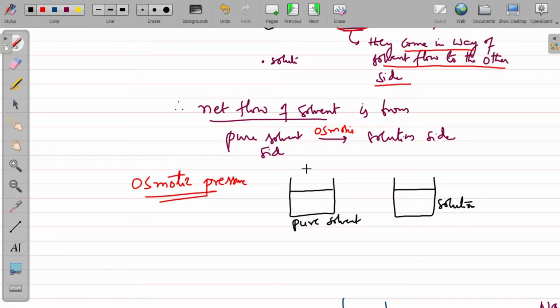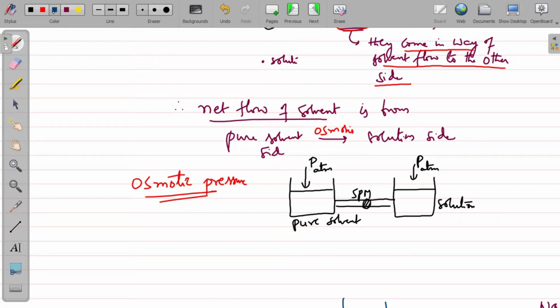Both are open beakers, let's say. So atmospheric pressure will be acting here and here also. You have connected these two beakers with a semi-permeable membrane.